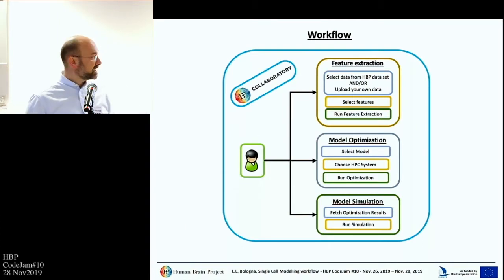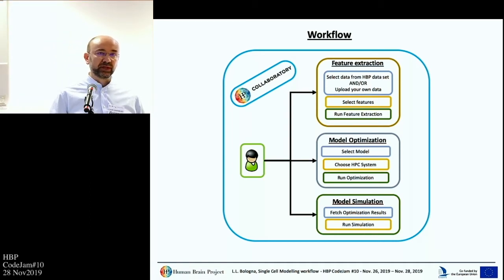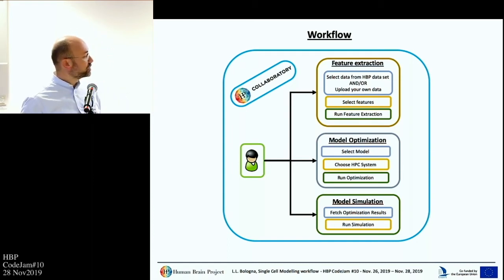If you go down into a bit more detailed view, we see that this can be divided into basically 3 steps. So the first step is the data, and more specifically feature extraction. So we start from electrophysiological traces, and we want to extract some properties of these traces that we call features.